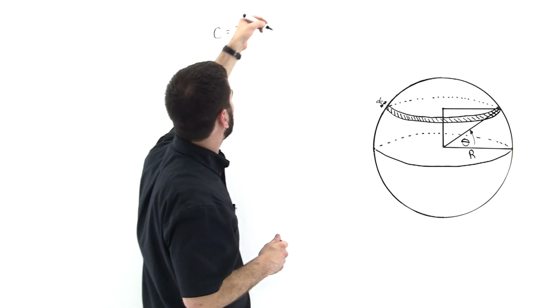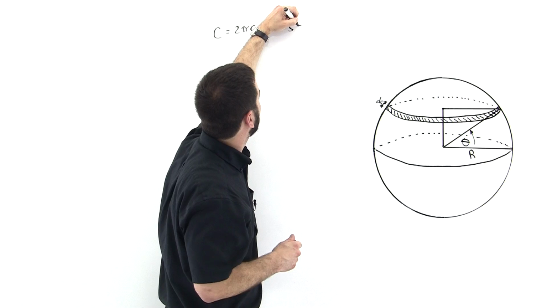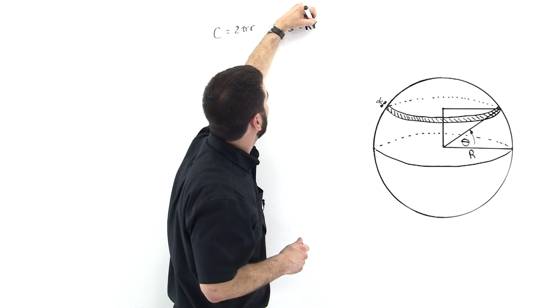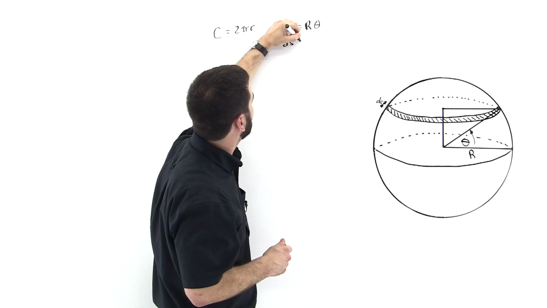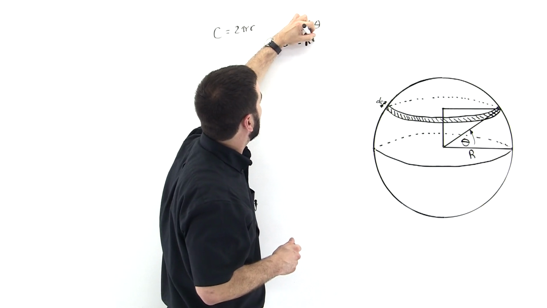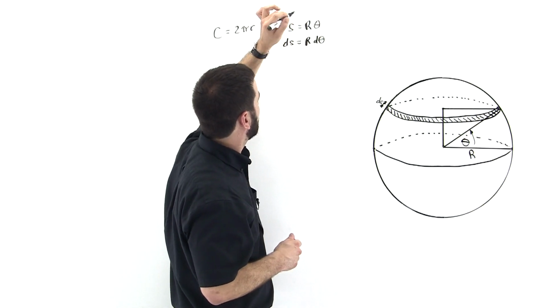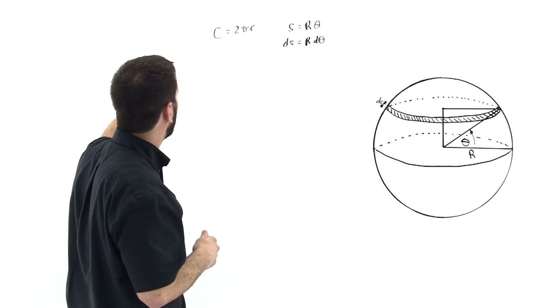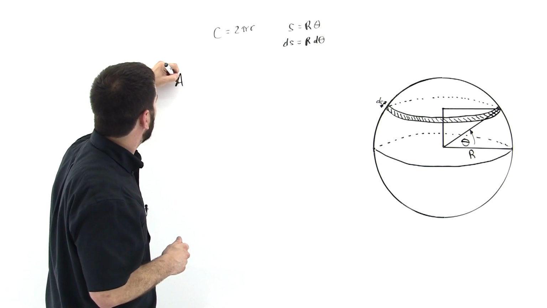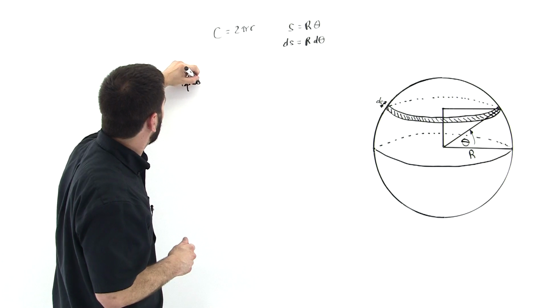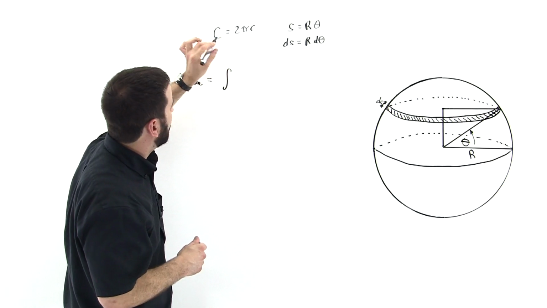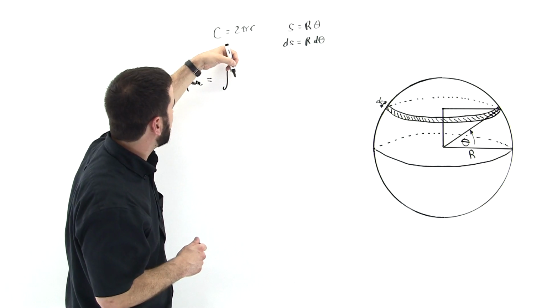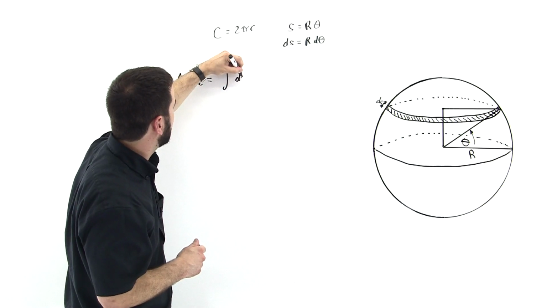So we know also from previously that s is equal to r theta. So taking the differential, we say that ds is equal to r d theta, right? So then the area for a sphere is equal to the integral, summing up all these little areas, dA.